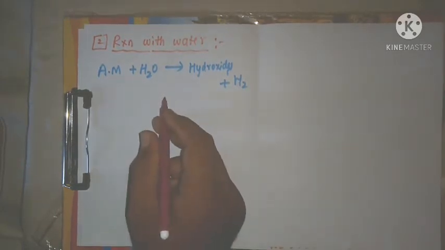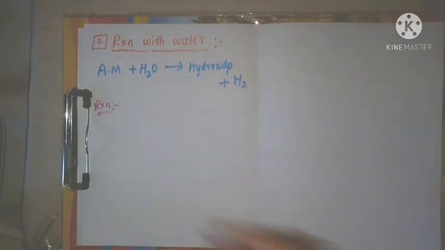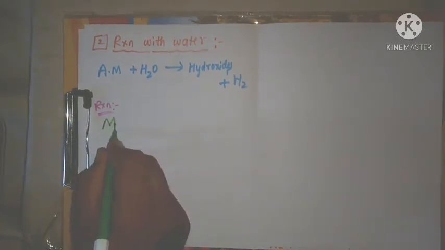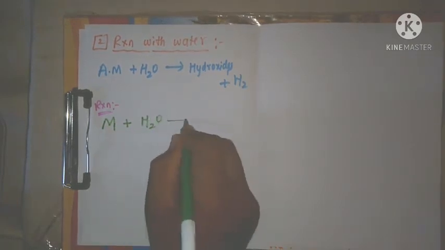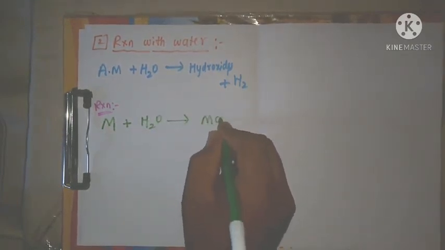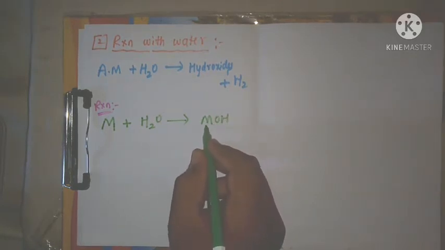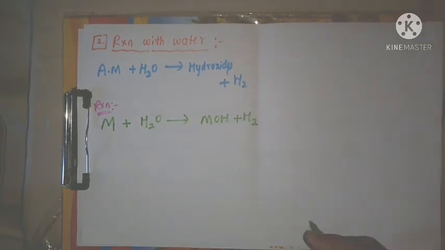Now I will write the reaction. Taking M as the alkali metal, when it reacts with water, H2O, it will form MOH, since the M charge is +1 and the OH charge is -1, and it releases hydrogen gas, H2.